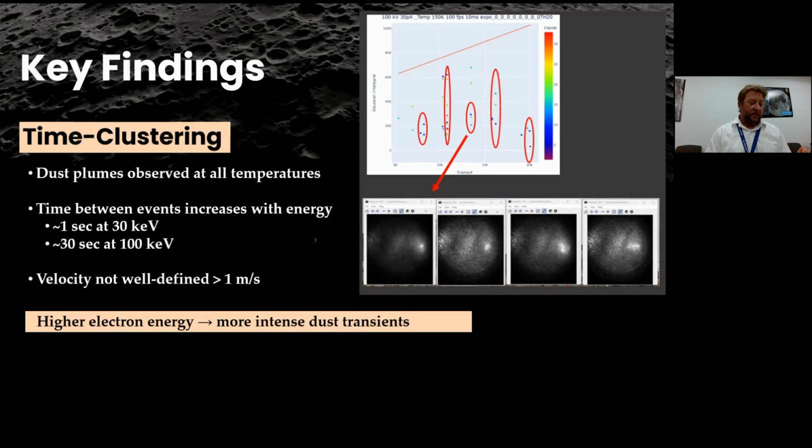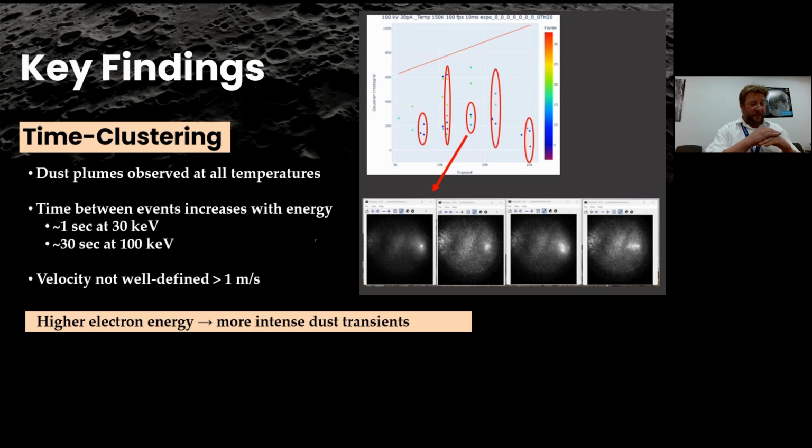Of all of these plumes we saw, very rarely did we see, at 100 frames per second, the plume show up in 2 consecutive frames. So while right now we don't have a well-defined velocity distribution, we know the velocity must be greater than about 1 meter per second. In some frames we did observe either the front or the trailing edge of the plume and just caught it in the preceding frame.